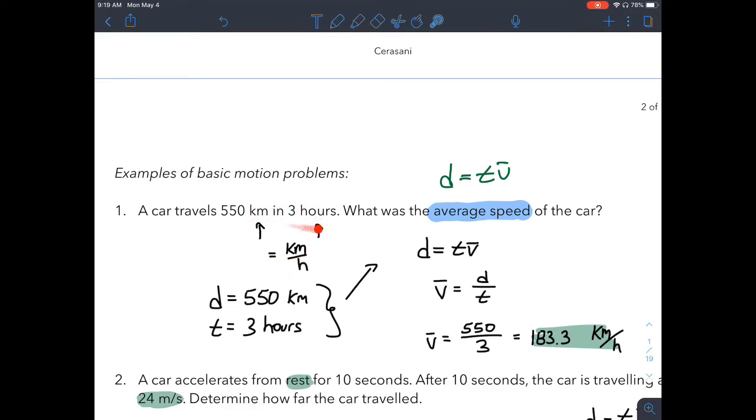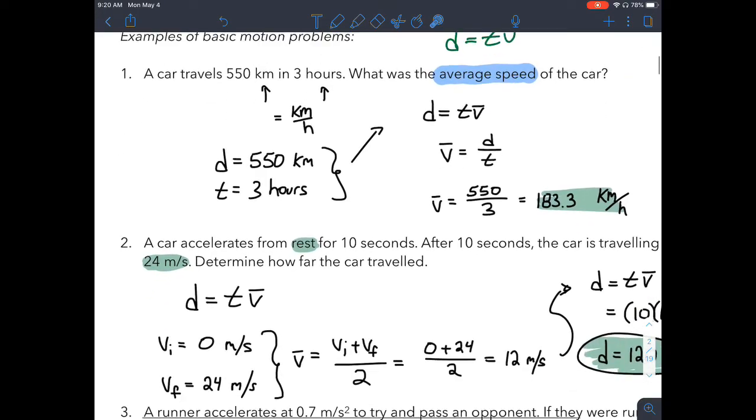If we had kilometers and seconds, we'll get a unit of kilometers per second, which again doesn't really make sense unless you're a rocket ship. So we're okay with leaving these units in kilometers and hours because they work together. And after that, it's just plug and chug in our formula, divide by time, 550 divided by 3. So you should get 183 kilometers per hour.